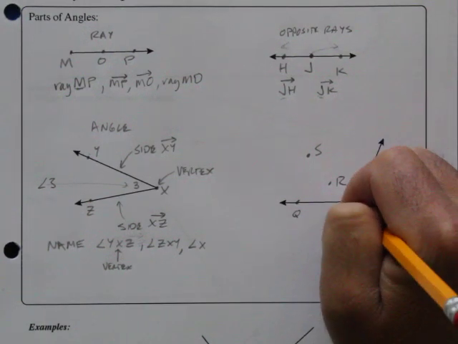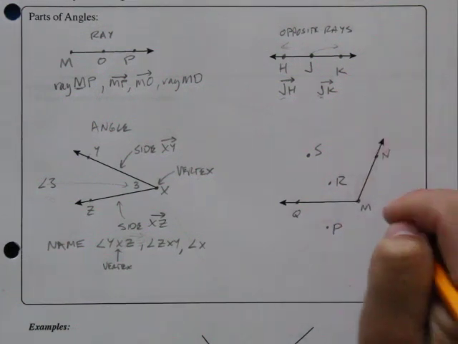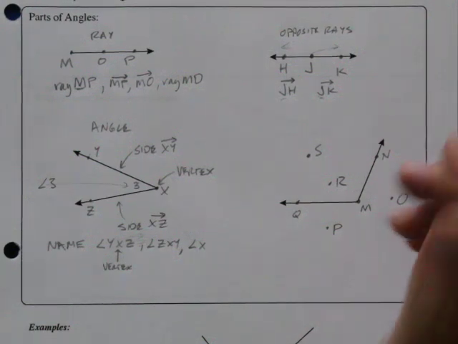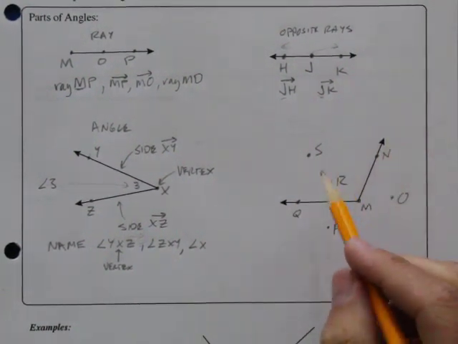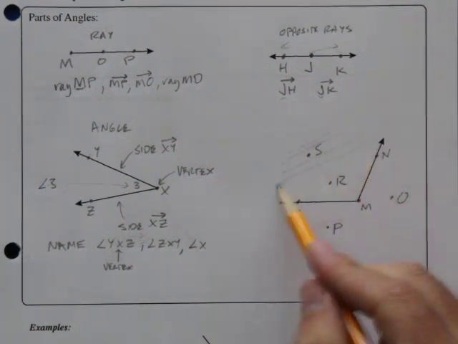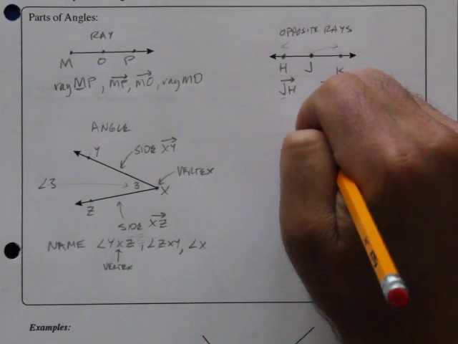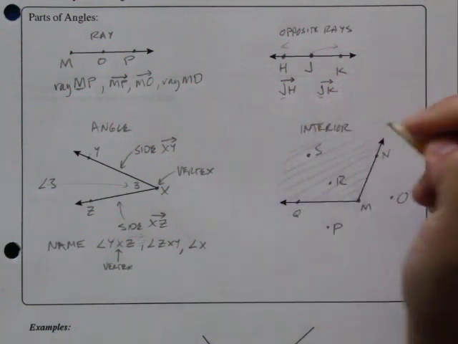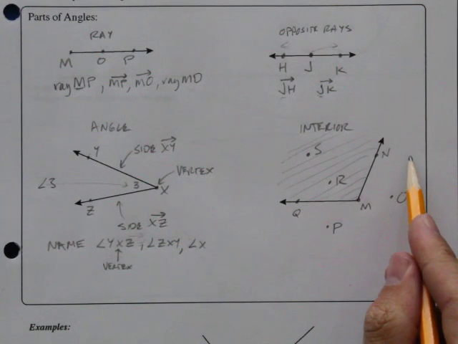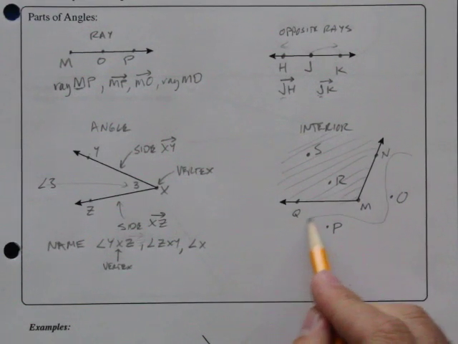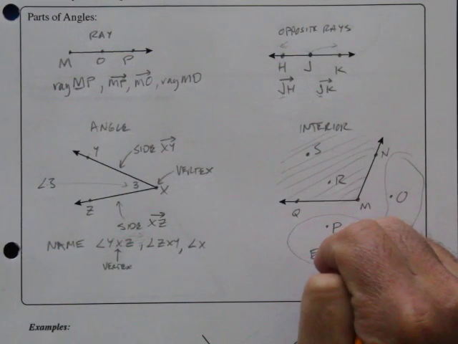My vertex is point M. Then I've got point N here and point O over here. And what we're doing with this here is this angle. Everything that's in here, this is the interior of the angle. And everything that's out here, this is the exterior of the angle.